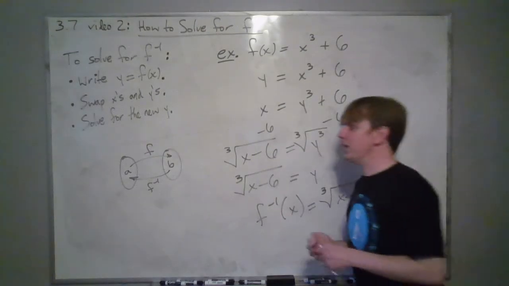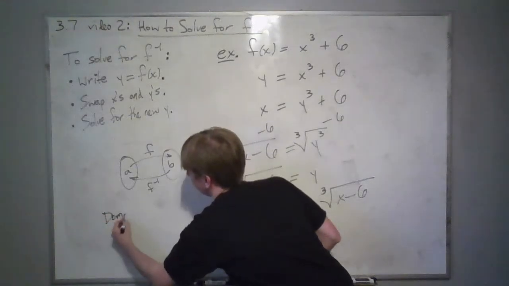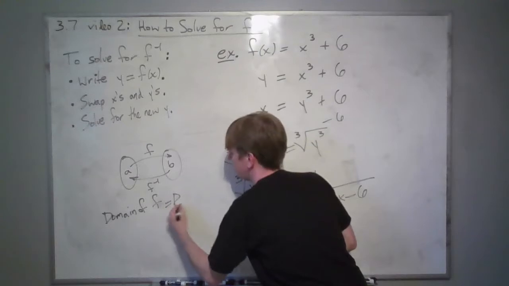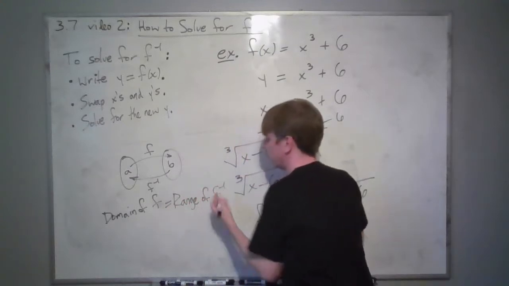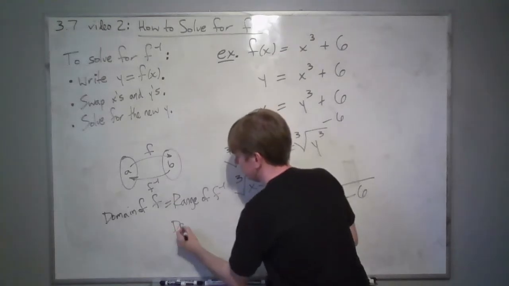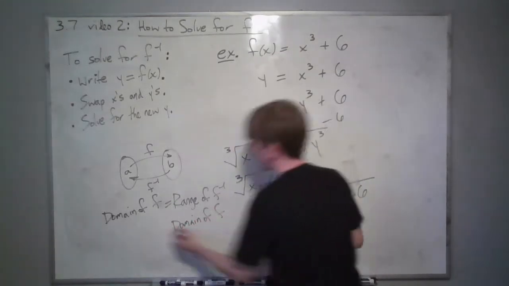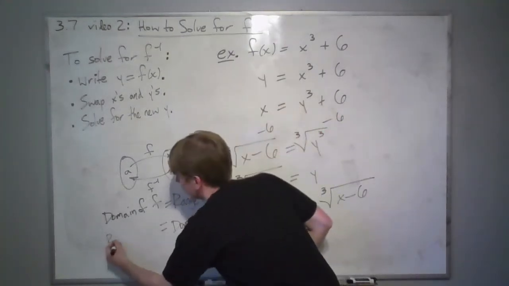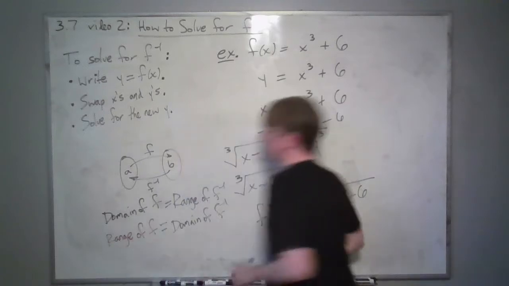An important thing that that's going to mean is actually that the domain of f is the same as the range of f inverse and vice versa. It's kind of irrelevant for the problem on the board because they both have domain and range minus infinity to infinity, but still.